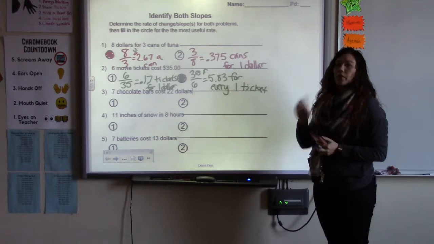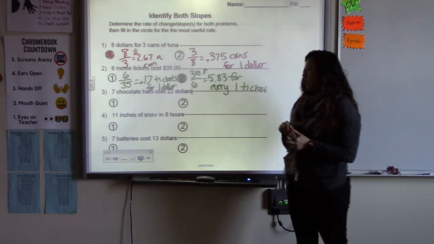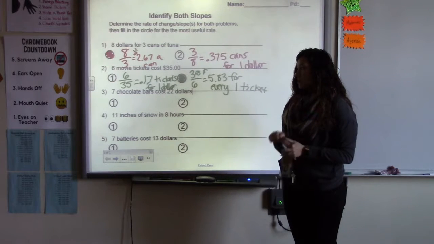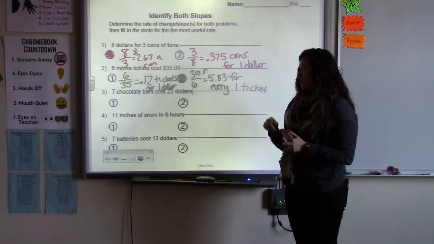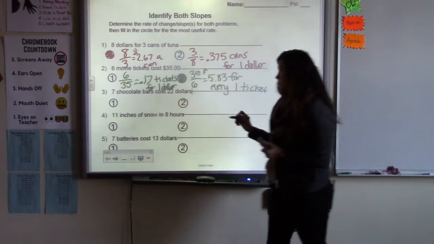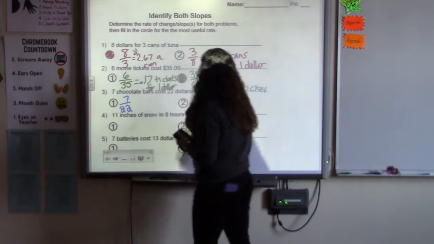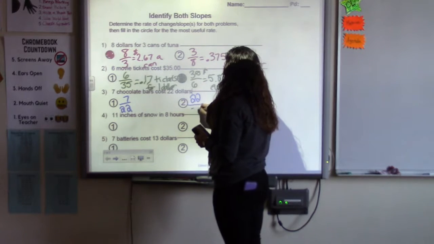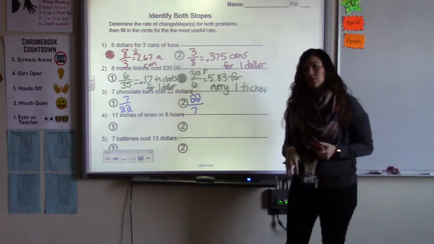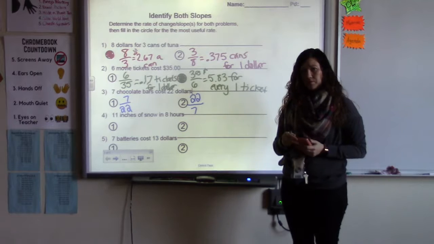Okay, number 3. 7 chocolate bars cost $22. Okay, so write the fraction both ways. Okay, pause the video, write the decimals.